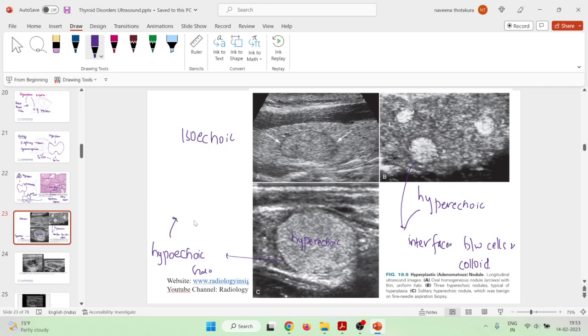It is mainly caused by the blood vessels present around the nodule. The perinodular blood vessels result in the hypoechoic halo seen around the hyperechoic nodule.